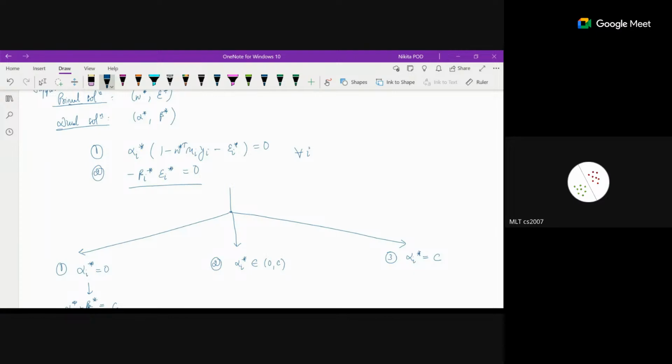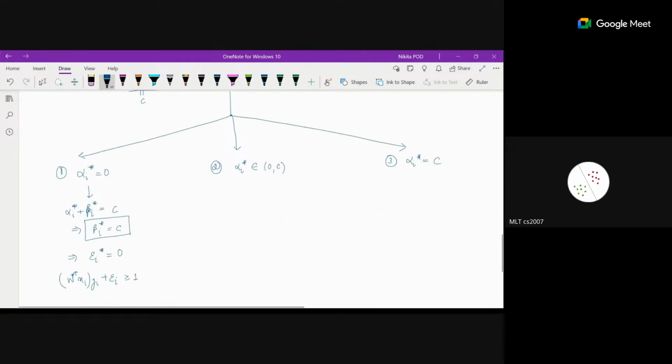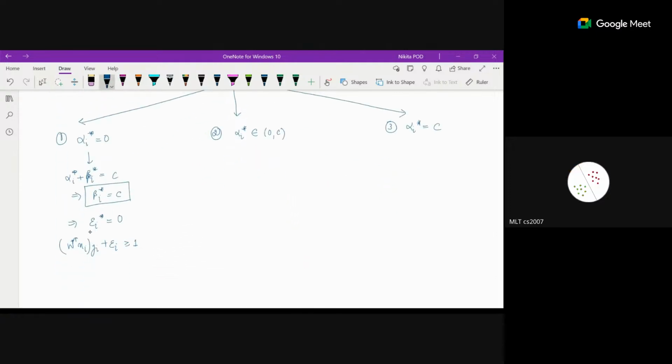So if my beta I star is equal to C, then for this condition to hold, my epsilon I star has to be equal to 0. That is why we are able to say that my epsilon I star is equal to 0.